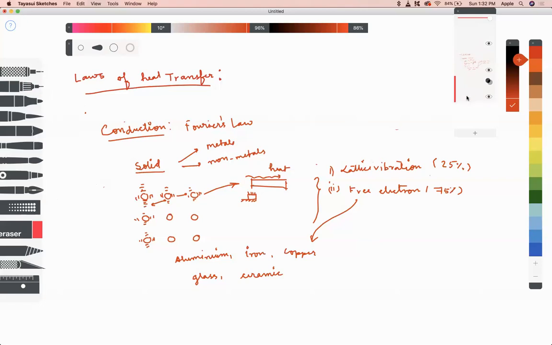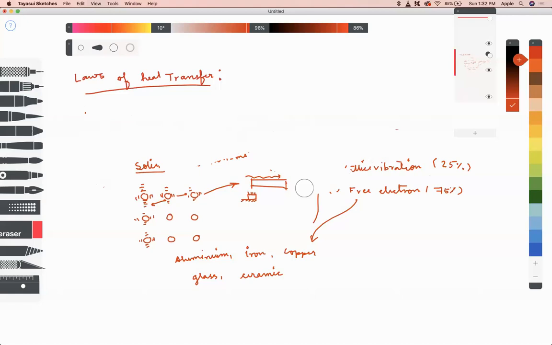Why is it not selecting? So, let us talk about convection a little bit.